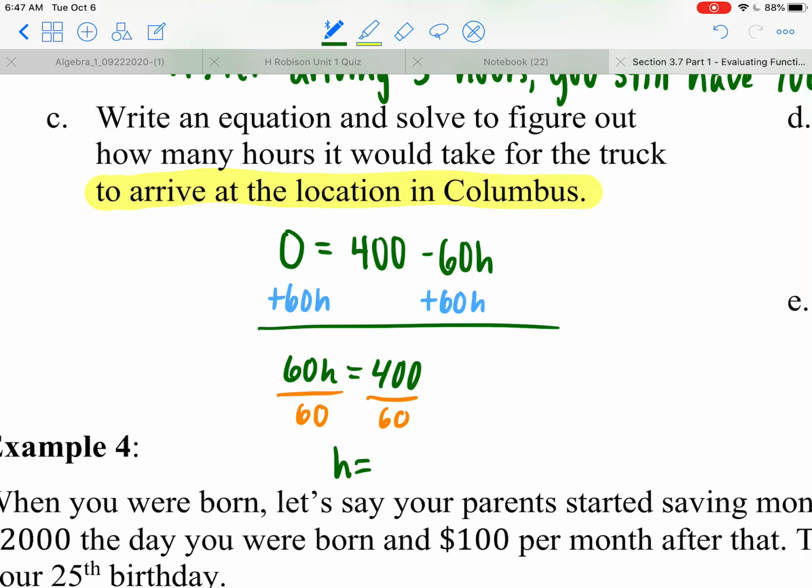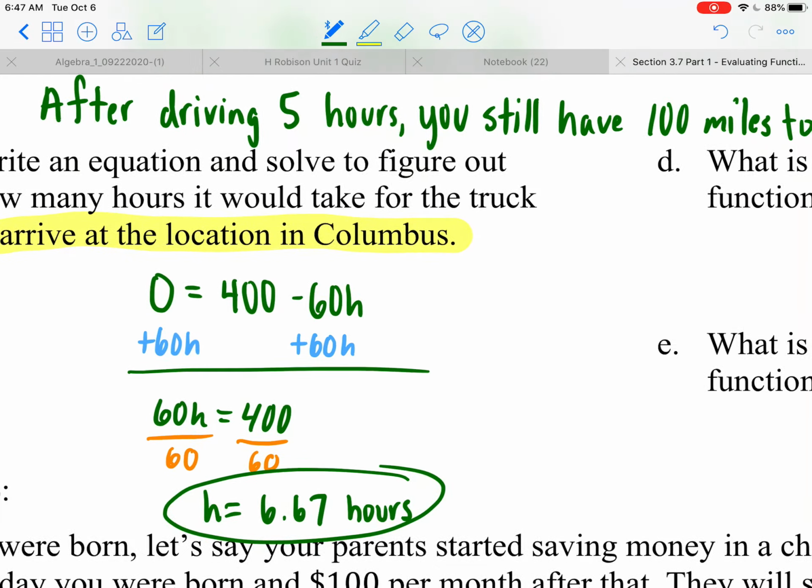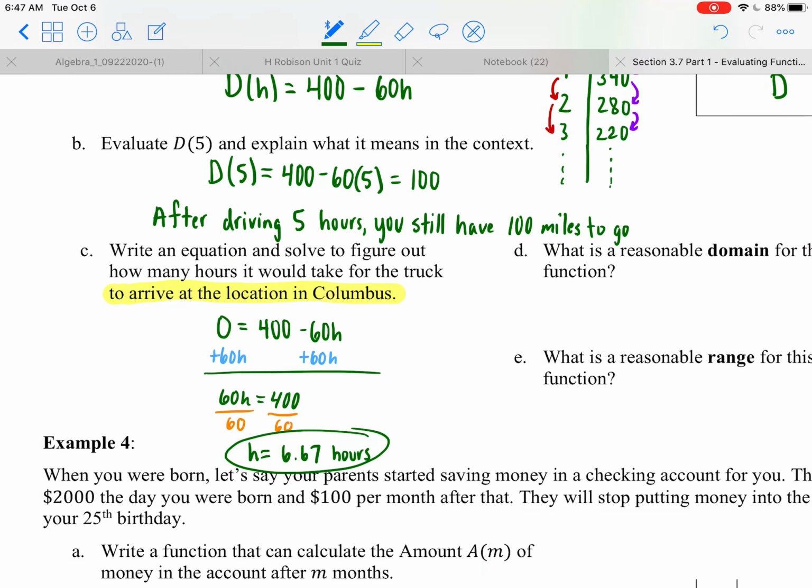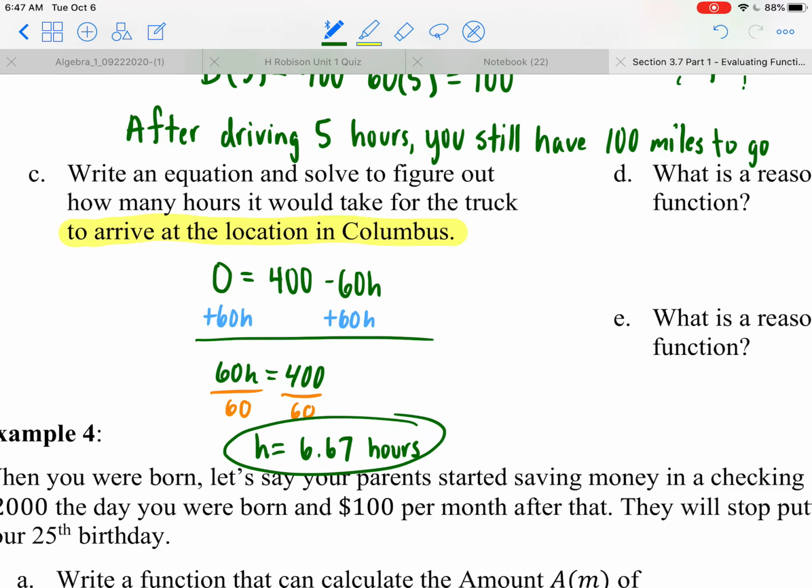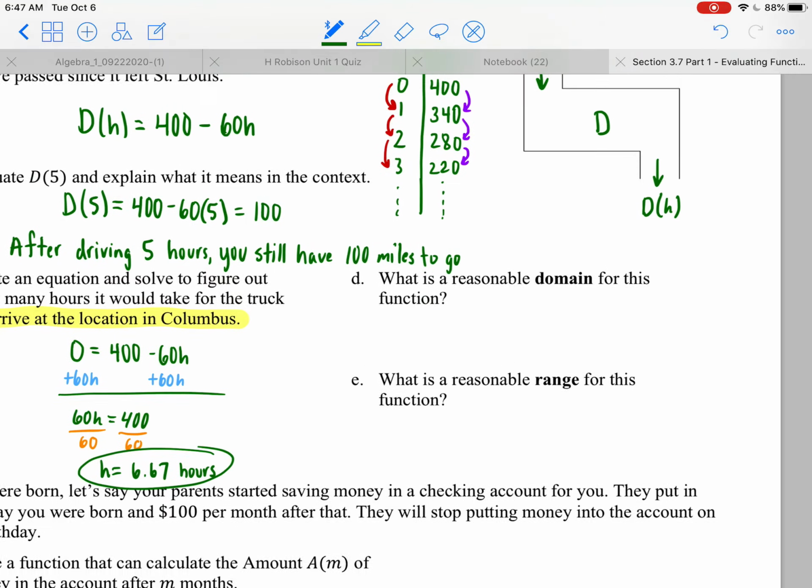Let me throw that in the calculator real quick. 400 over 60 is 6.67 hours. Round that up there. Okay? So, and a lot of you are going to say, Mr. T, why don't we just take 400 and divide it by 60? Like, this is an easy problem. And I hear you. And yes, you could do that. But I want you guys to start to get comfortable with this idea of function notation and algebra and solving like this. Okay? All right.